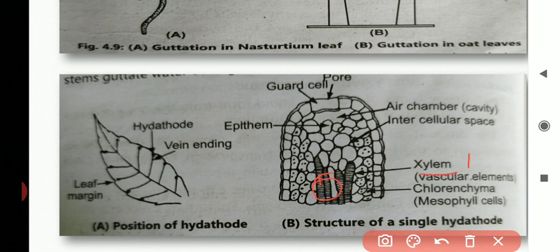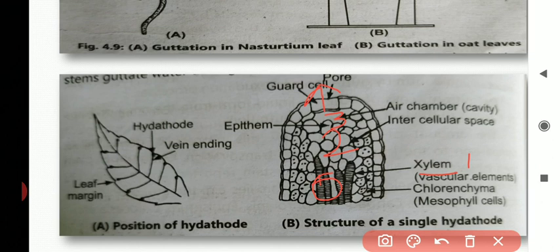Secondly, it comes into the epithem, and from the epithem the water is released into the cavity. When the cavity is completely filled with water solution, the water solution begins to ooze out in the form of water drops through the pore. Finally, water oozes outside the leaf. So this oozing of water drops is known as guttation.